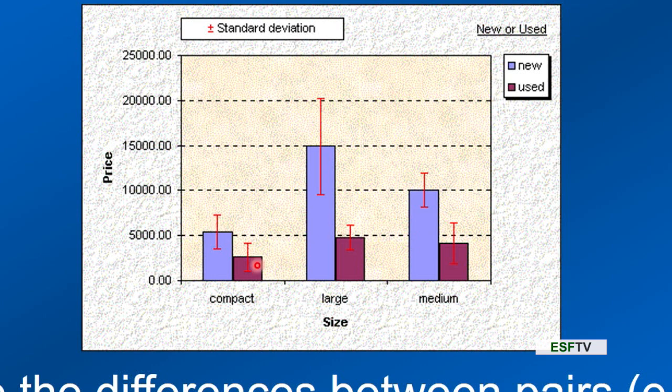But you look at those and you say, well, is the price difference in a compact car between brand new and right off the lot statistically significant? The error bars seem to overlap. So here I'm trying to express to you that the visual impression is only comparing each individual average and its spread to the other one in that category. You can also do stats where you compare across all of them, but we're just doing these pairs.